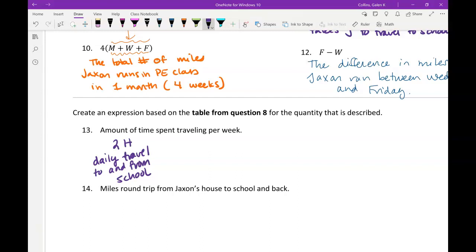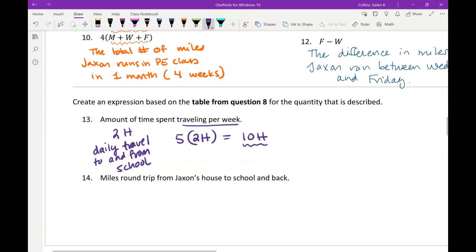So then if he's traveling the whole week, now remember, Jackson attends school every day, so that is 5 times, right? So that would be 2H times 5, and that would be the same as 10H. So the amount of time spent traveling per week would be the expression 10H.